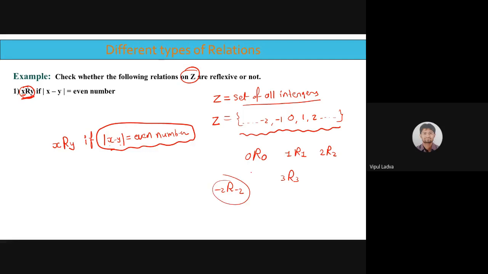This is what we are supposed to check for each and every element of Z. Now Z is the set of all integers, an infinite set, so we cannot check every one, but surely we may conclude some things.